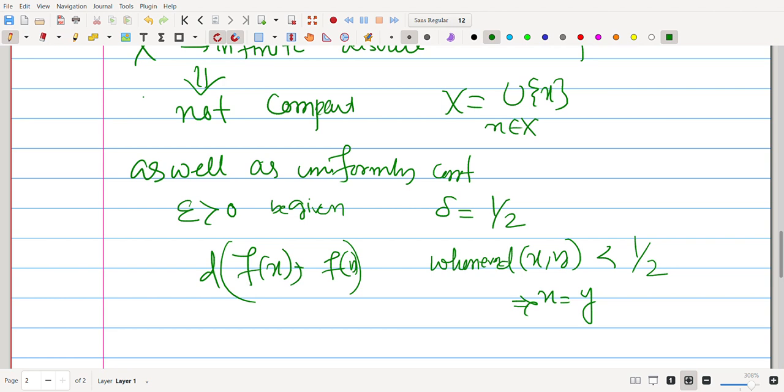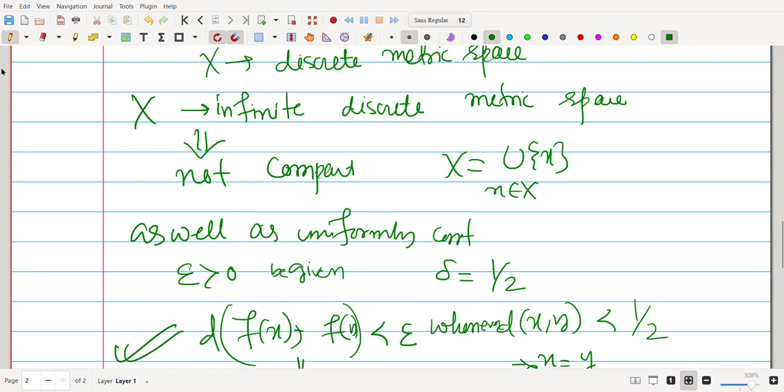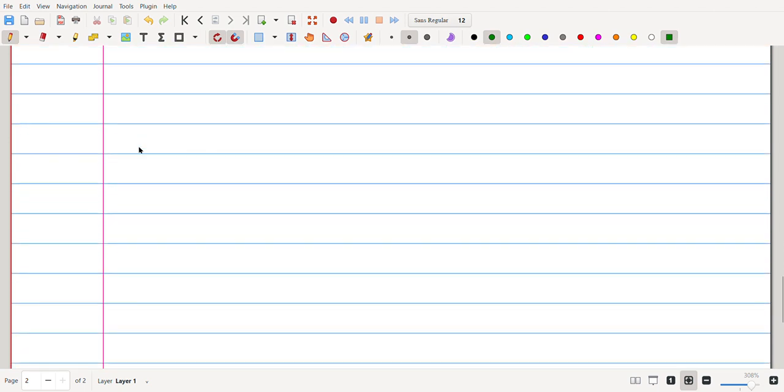Then x equals y means f(x) equals f(y). That means the distance of f(x), f(y) is 0, which is always less than epsilon. Then for any given epsilon you can choose delta to be half, and it satisfies the definition. That means it is uniformly continuous. So every function is continuous as well as uniformly continuous, so every continuous function is uniformly continuous, but X is not compact because X is an infinite discrete metric space.